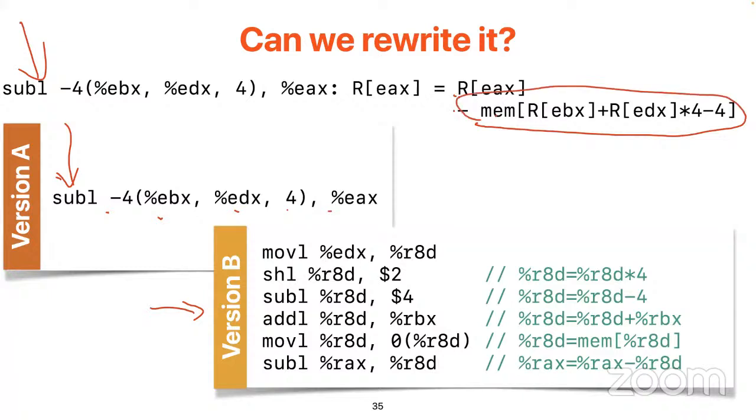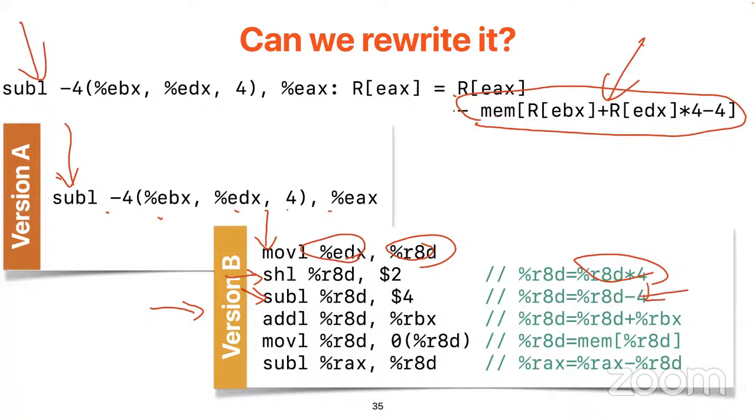If you really want to avoid this very complex syntax, you can say, well, let me first save the EDX value to the R8D register. And then I do a shift left, which multiplies R8D by 4. And then subtract 4 from the R8D value.